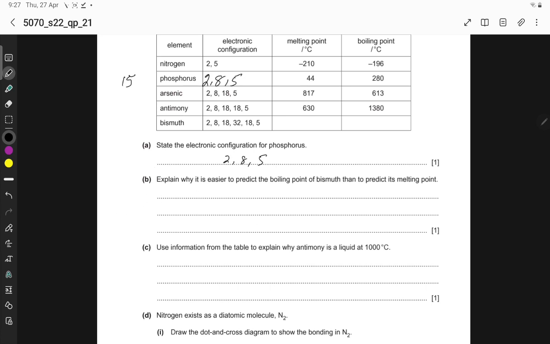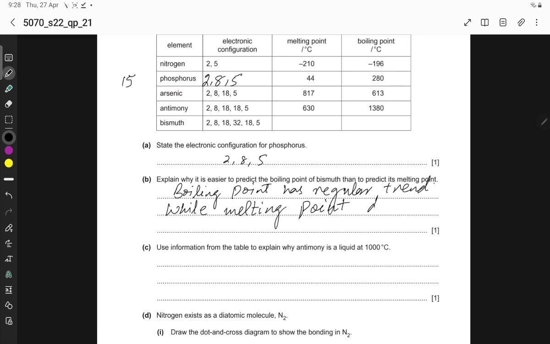Boiling point has a regular trend, while melting point does not have a regular trend.